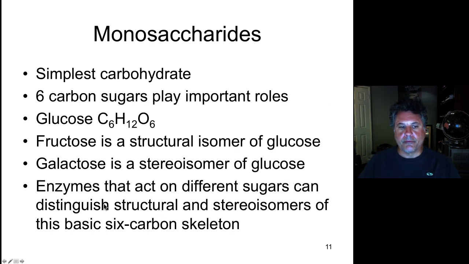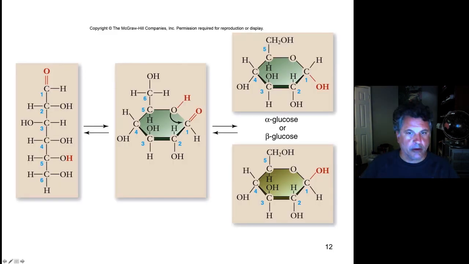Now, the protein enzymes that break down sugars or that link sugars together into starches can recognize the different isomers of the 6 carbon skeleton. So this is where isomers are very important. Some of them are recognized by one enzyme, other isomers are recognized by other enzymes.